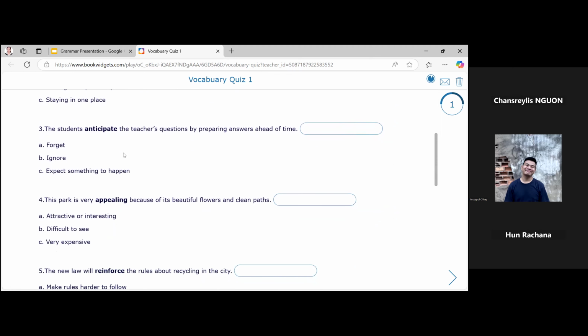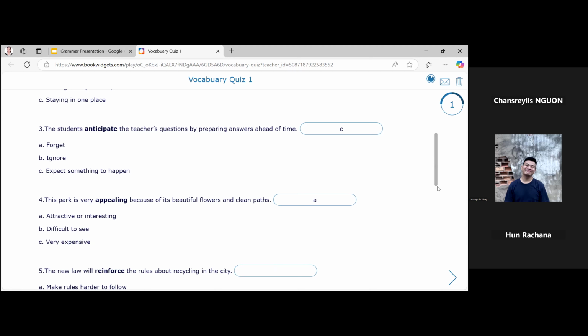The student anticipates the teacher's question by preparing an answer ahead of time. Anticipate: expect something to happen. Yes, letter C. This park is very appealing because of attractive. Letter A. Yes, the same.